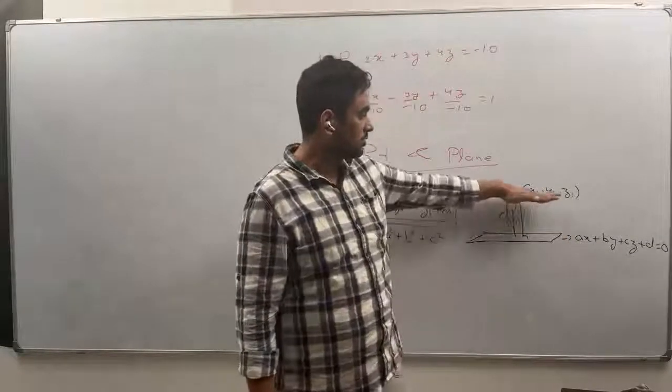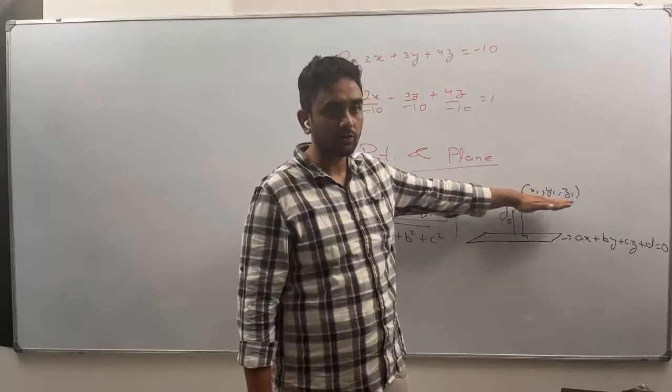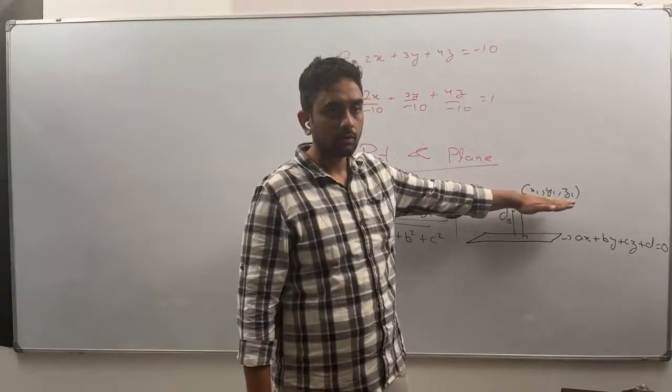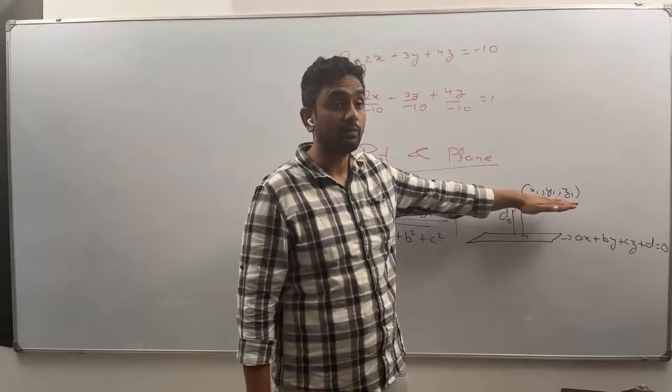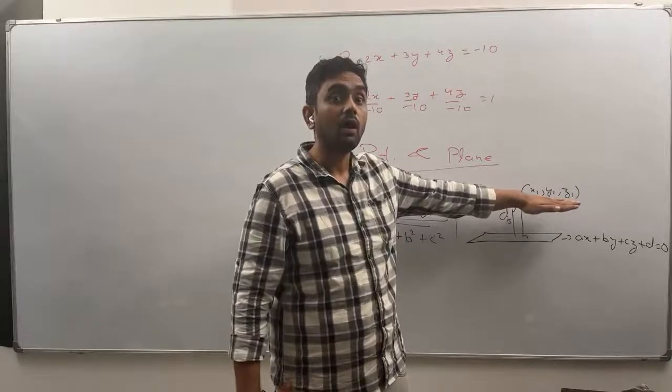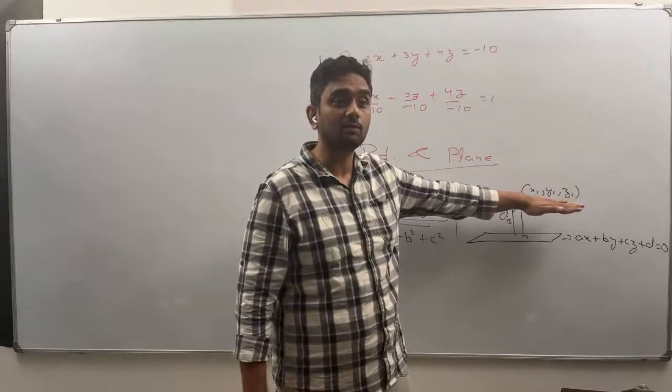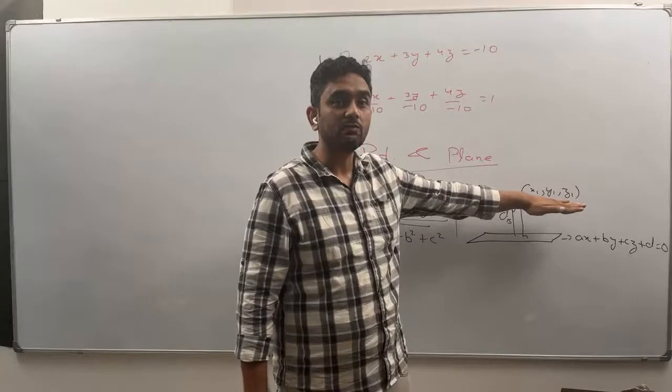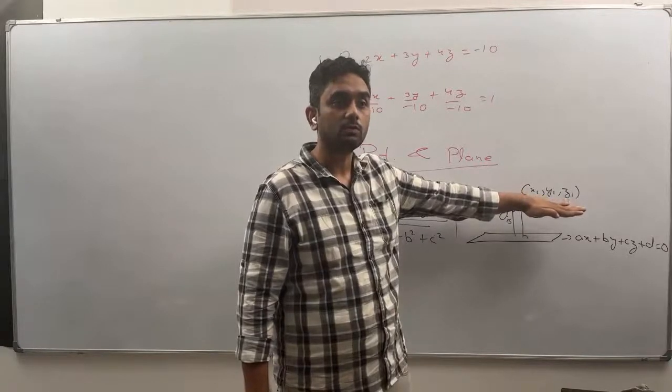So what will be the equation of the plane passing through this point and parallel to this plane? That will be a point, like you are giving me a value. x1 will become a value, it's not a variable. It will be a times x minus x1 plus b times y minus y1 plus c times z minus z1 equal to 0. We did that, right?